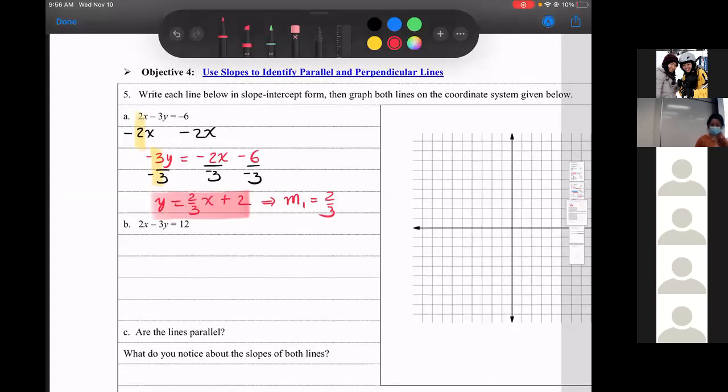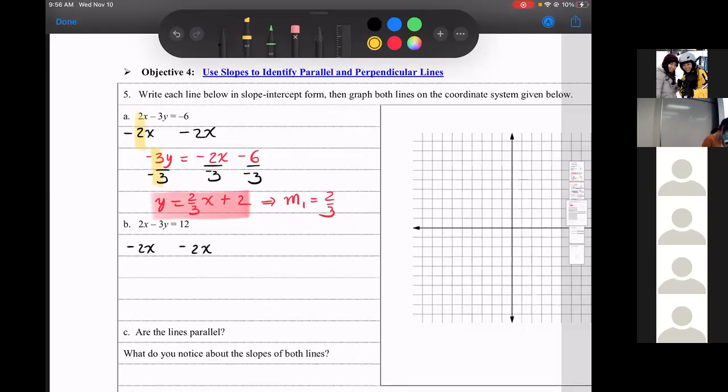Please solve the second one while I'm charging my iPad. Do the same thing I did on problem A. Solve for y. You want to write it in slope-intercept form. What do you have?